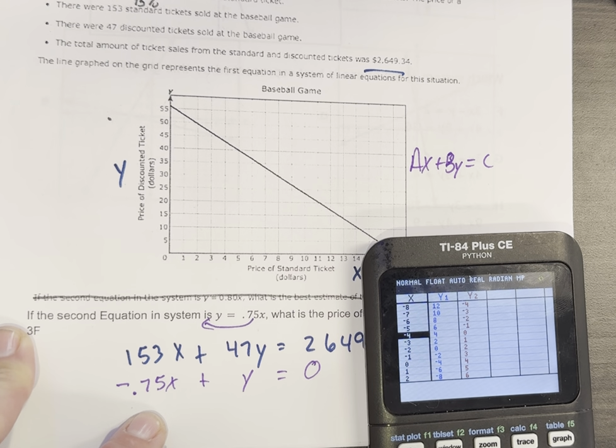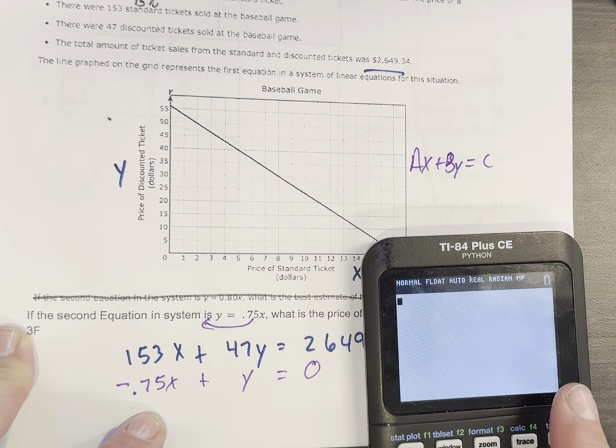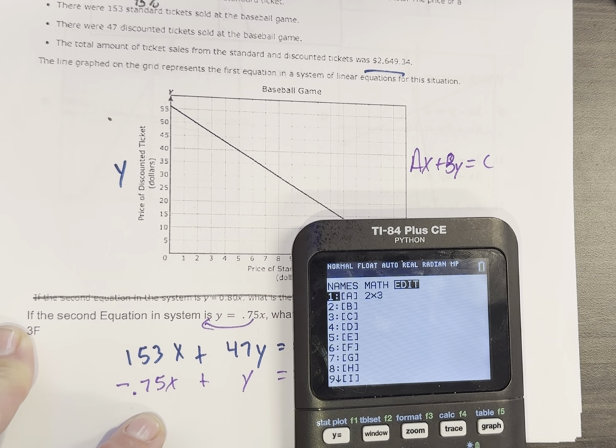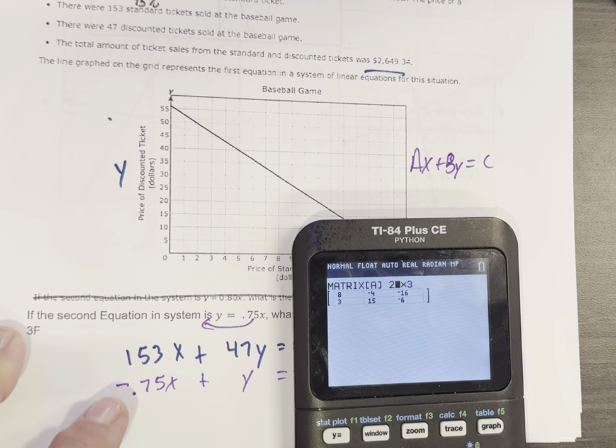So in your matrix, you're going to put the coefficients of x and y, and your constant. So, clearing, second matrix, go to edit, and remember when you are starting, the 2 and 3 is not going to be there, so you have to add that. If I reset your calculator. So 153, press enter after each number.